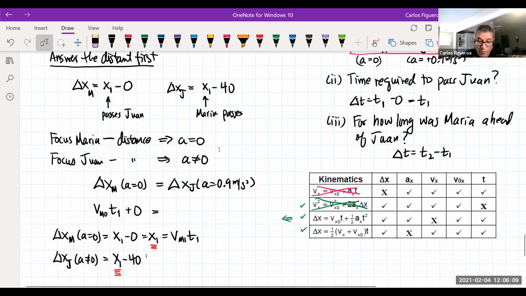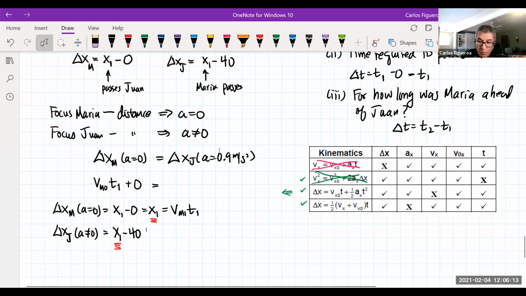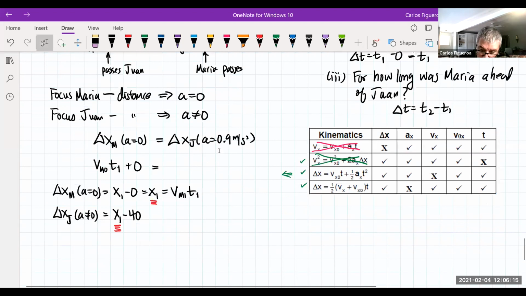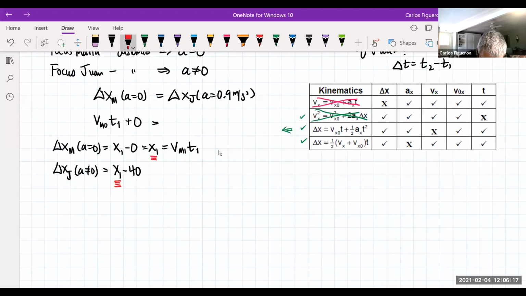So when I look at Juan, I have to be really, really careful. For Juan's equation, I have to bring that 40 to the other side. The motion of Juan involves the initial velocity of Juan times T1 plus his acceleration times T1 squared.